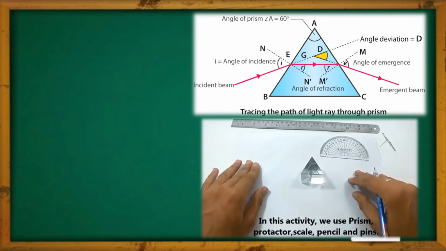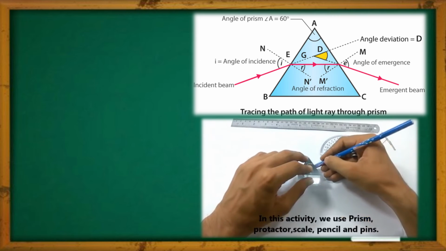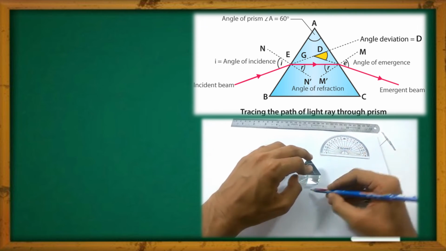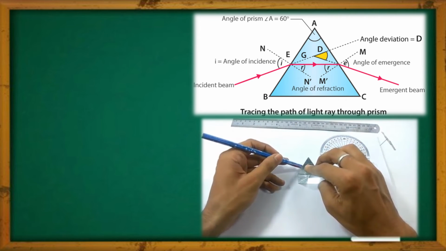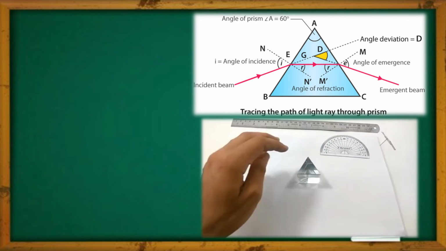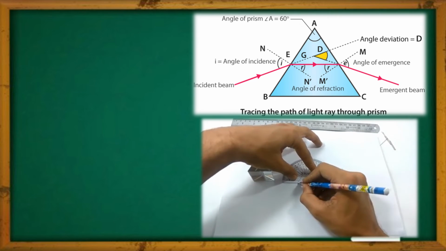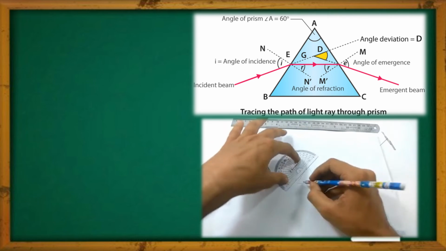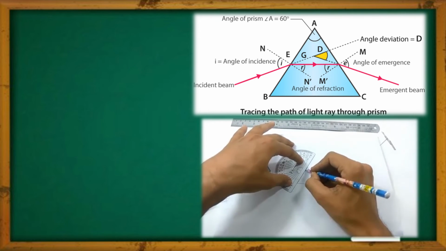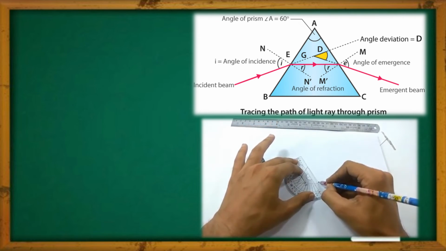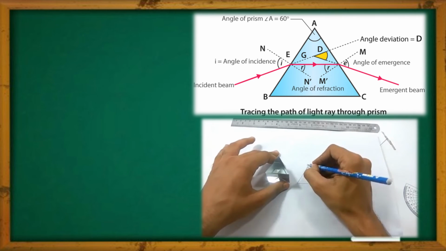Now let us see how the angle of deviation can be determined. For this, you have to take a glass prism, scale, protractor and pencil. First of all, you put the prism on a piece of paper. Then you draw its outline. You will see that a triangular shape is created.